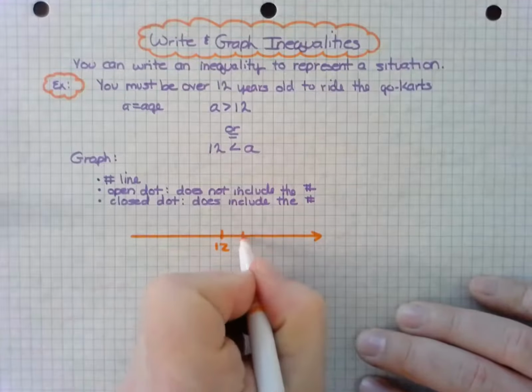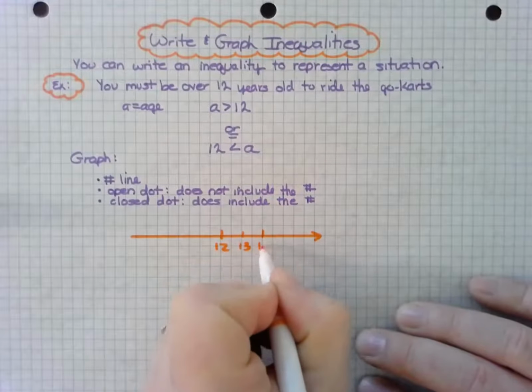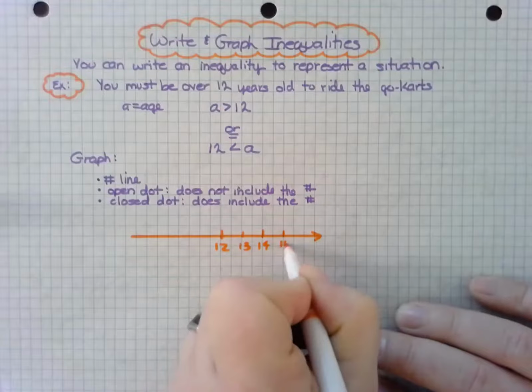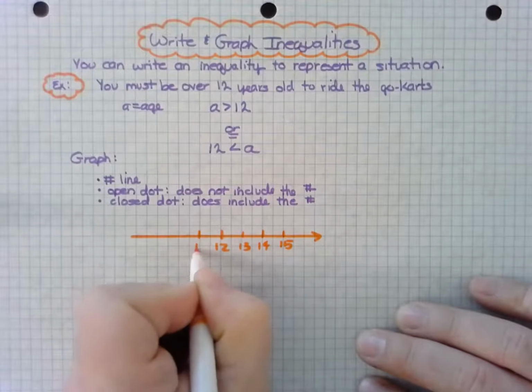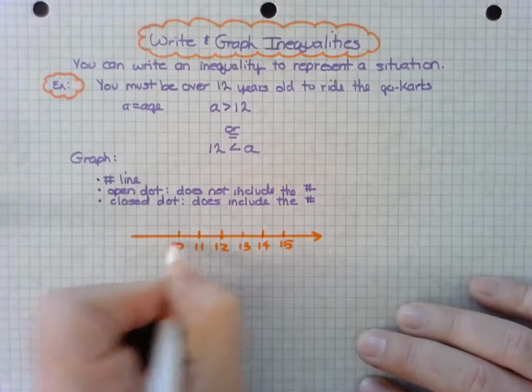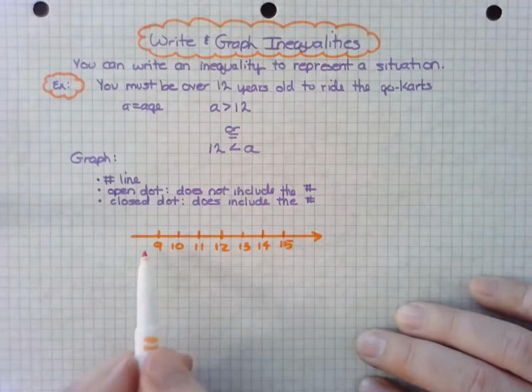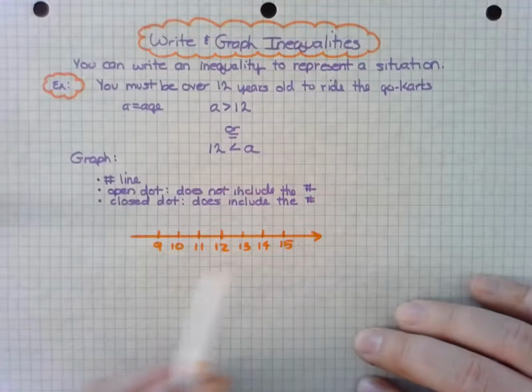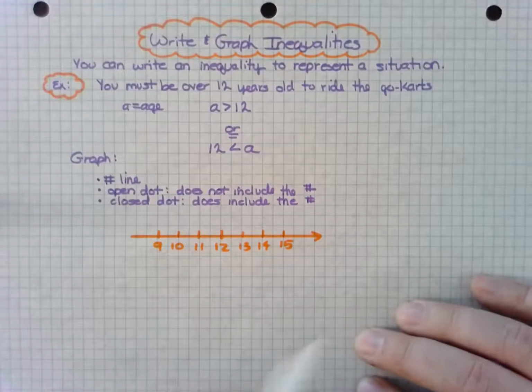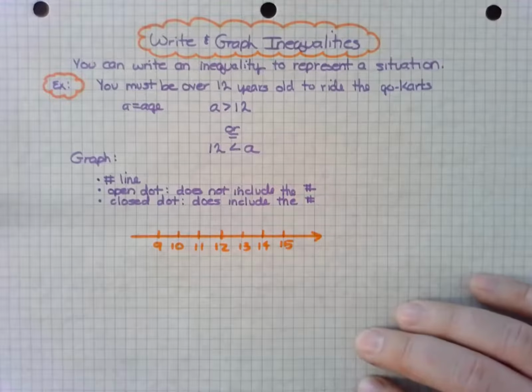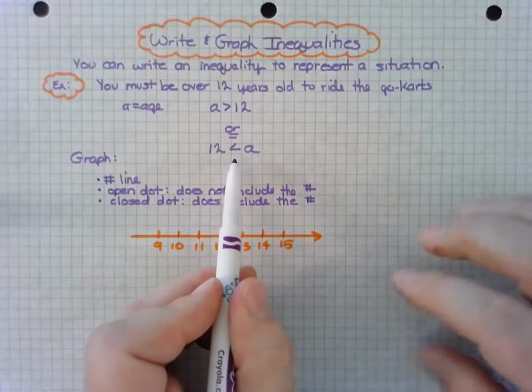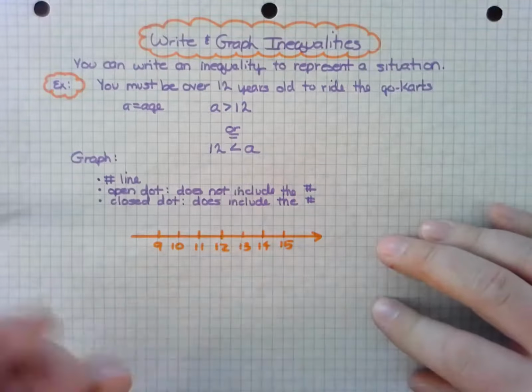So I have 12, 13, 14, 15. This way I have 11, 10, 9. Notice that from left to right, the numbers increase. Okay? And then if I were to graph this, I notice that this is not actually equal to 12, so it has to be an open circle at 12.